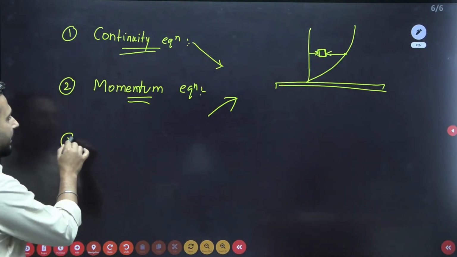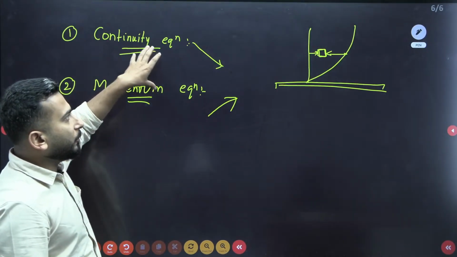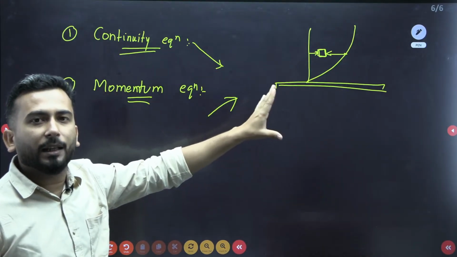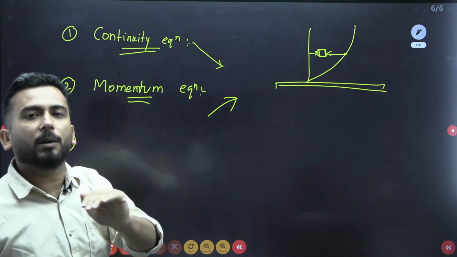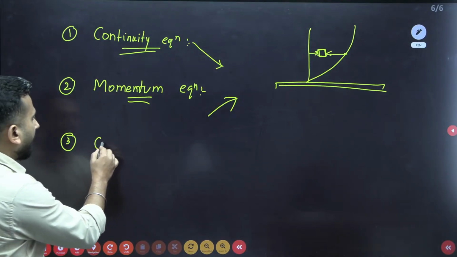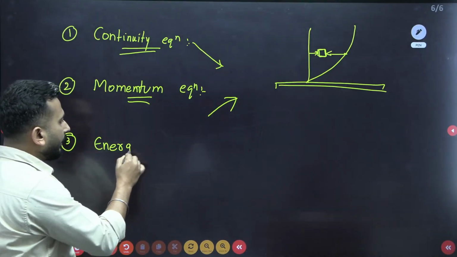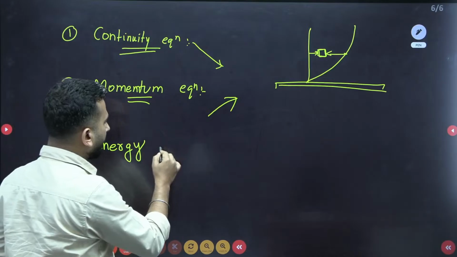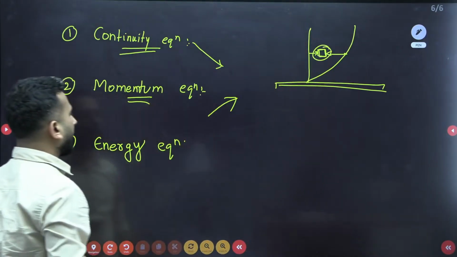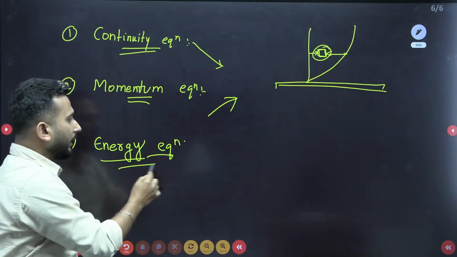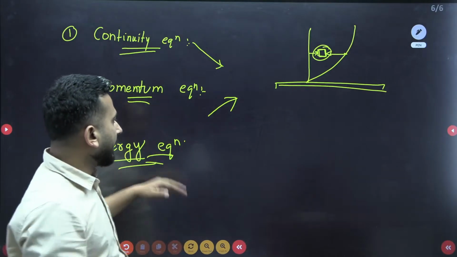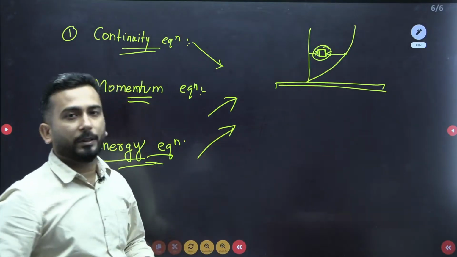And third is, see, these two will give me some idea about the velocity boundary layer, fine, but when I have to know the temperature profile, I definitely have to apply the energy conservation equation. That means for that small element that I have taken, I have to apply the conservation of energy principle, and that will give me the third equation.